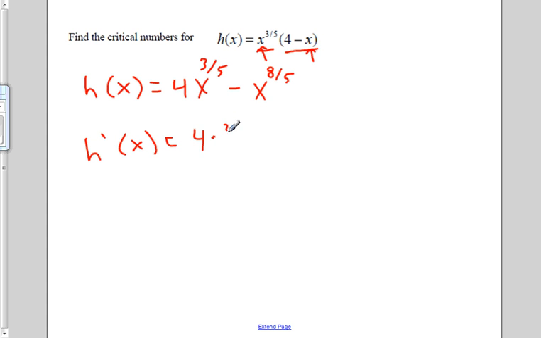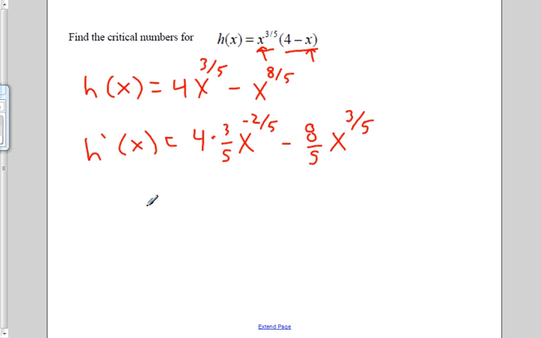So my derivative, h prime of x, is going to equal 4 times 3/5 x to the negative 2/5, using the power rule, minus 8/5 x to the 3/5.